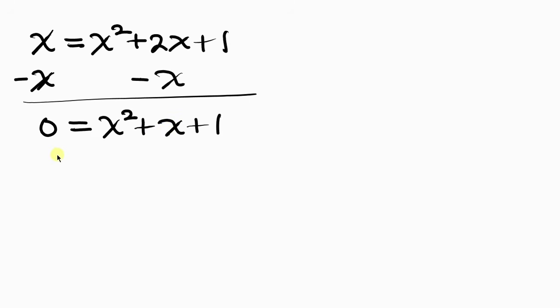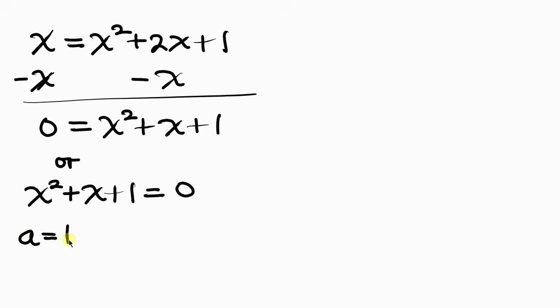Let's flip the position. I'm going to write what I have on the right hand side on the left. So x squared plus x plus 1 equal to, and I write what I have on the left hand side on the right. Very good. Now let's use the quadratic formula to solve this. Our a from this quadratic equation is 1.